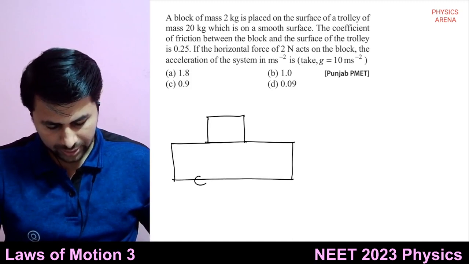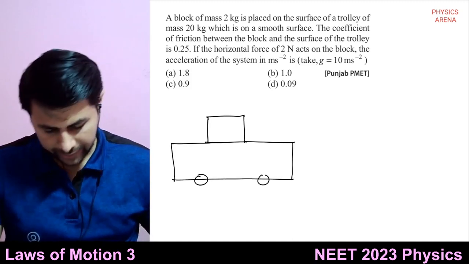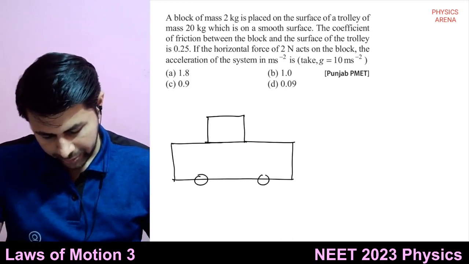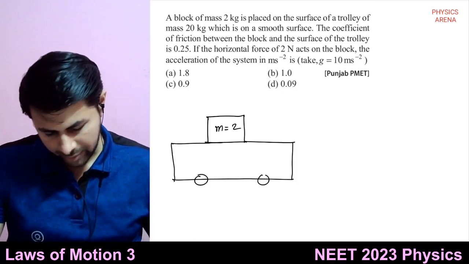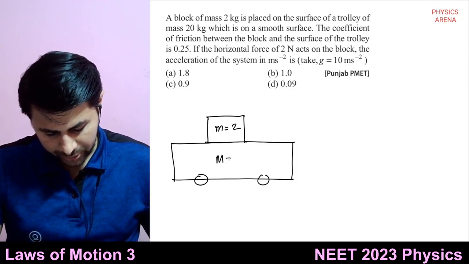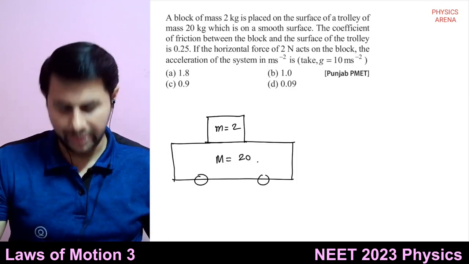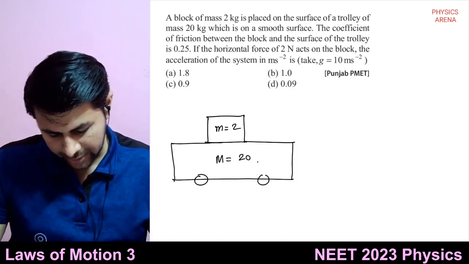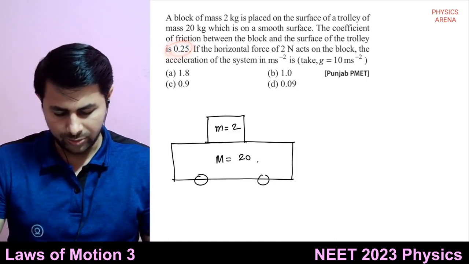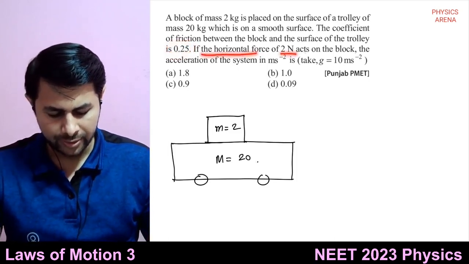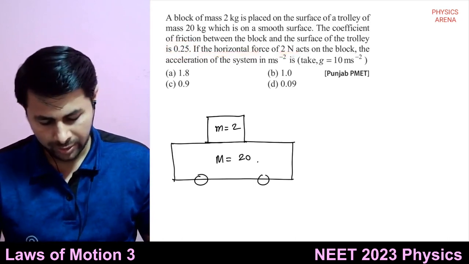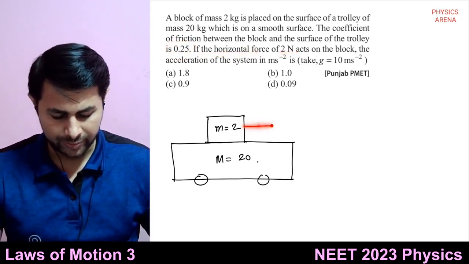I'm drawing the trolley like this. The mass of the block is m, which is 2 kg. The mass of the trolley, let's suppose it is capital M, is 20 kg. And there is a coefficient of friction, 0.25.